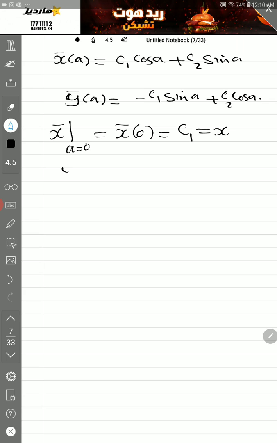The same for y bar at A equal to 0, meaning y bar of 0, so sine 0 and cosine, it will give you only C2, and C2 will be equal to y.